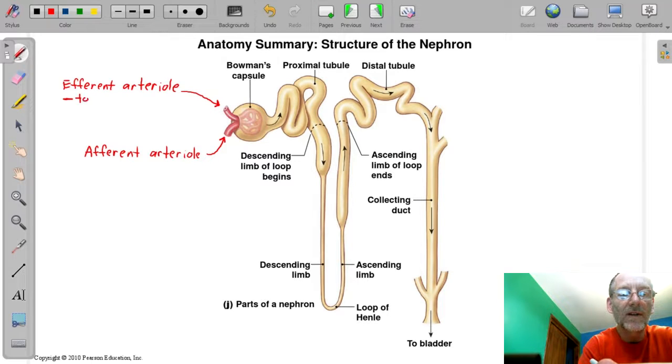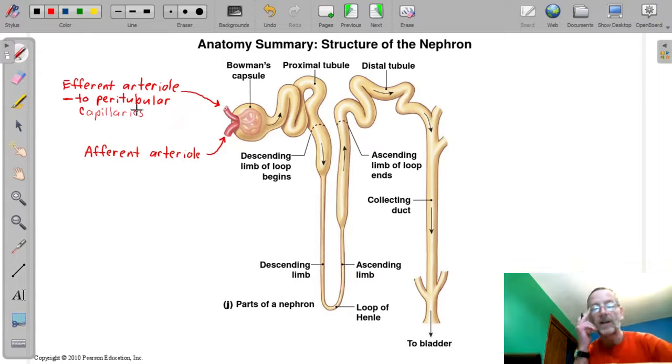So it's one big vascular network to peritubular capillaries. Okay, so that's the blood flow, and we'll talk about that more as we go along. But this is an introduction to the basic anatomy of a nephron.